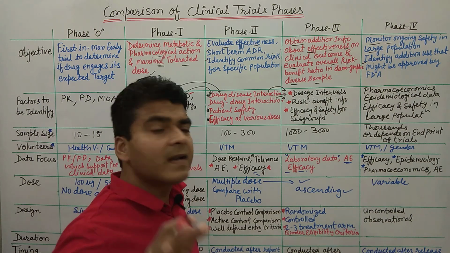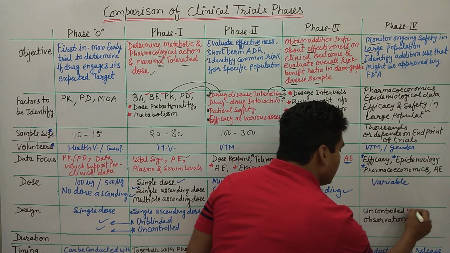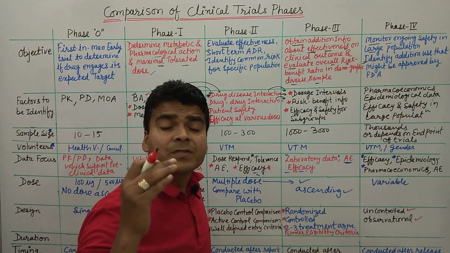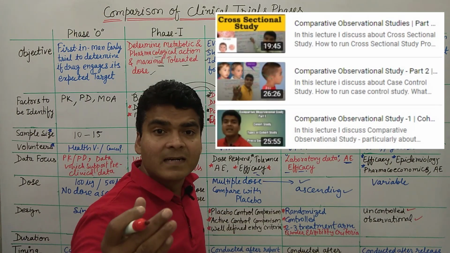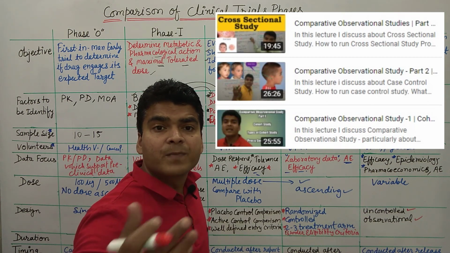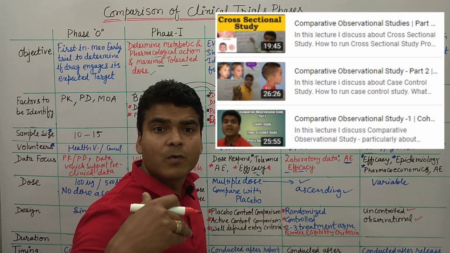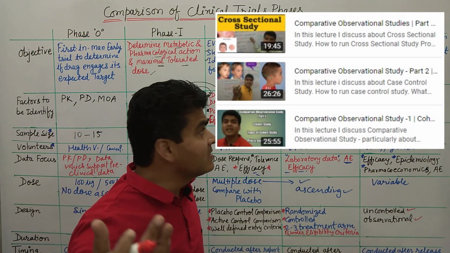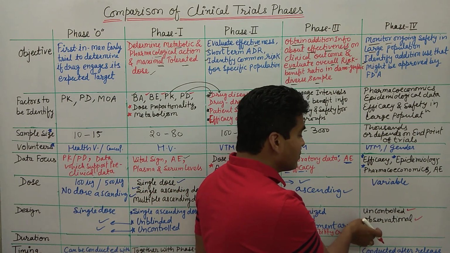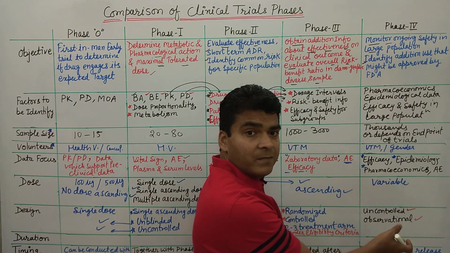And phase 4 trials are what? Uncontrolled and observational. Recently I taught you some pharmacovigilance methods like case control studies, cohort study, retrospective cohort study, prospective cohort study, cross-sectional studies. So all of these kinds of trials are phase 4 trials. They are observational studies.